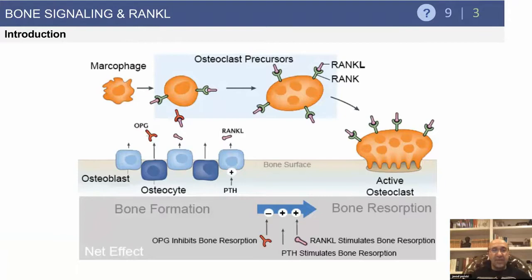Talking of osteoclasts, here is the interaction between different cells. Macrophage activates the osteoclast precursors, and these are, as you know, multinucleated cells. RANK ligand is then activated that binds to active osteoclast. Then a whole series of reactions start and leads to activation and formation of cytokines and interleukins.